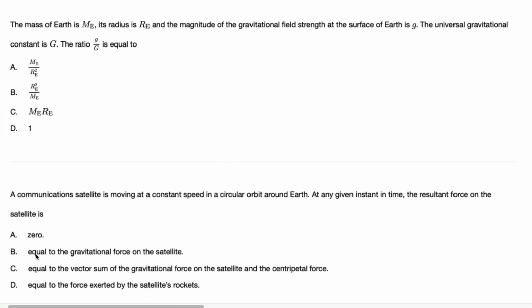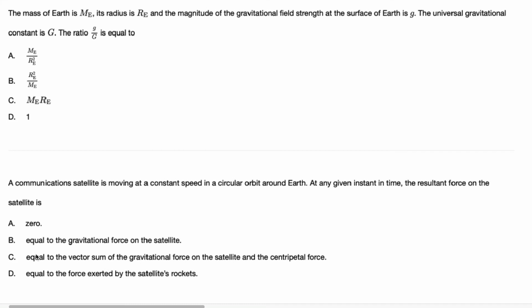The mass of Earth is m_e, its radius is r_e. The magnitude of the gravitational field strength at the surface is g.